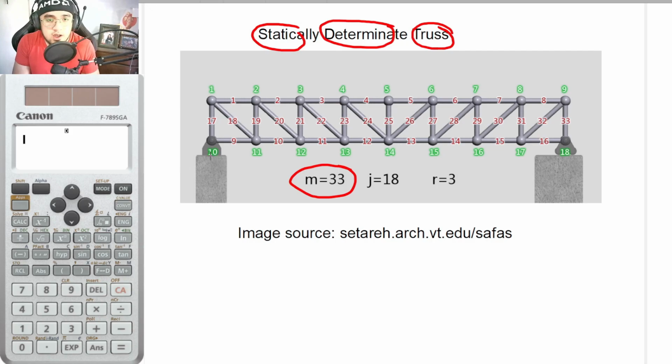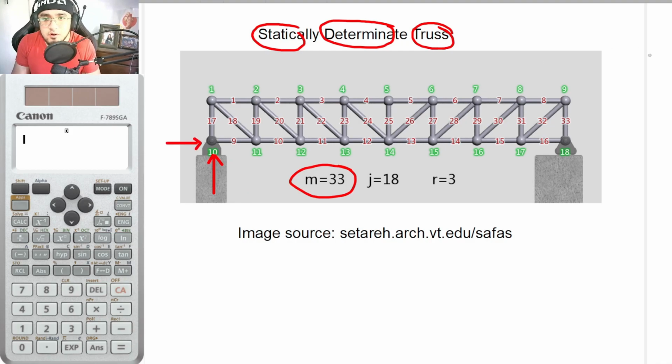For hinges, there is actually only one reaction, which may be like this or like this. Since this is a vector, we can get its components, which are vertical and horizontal.